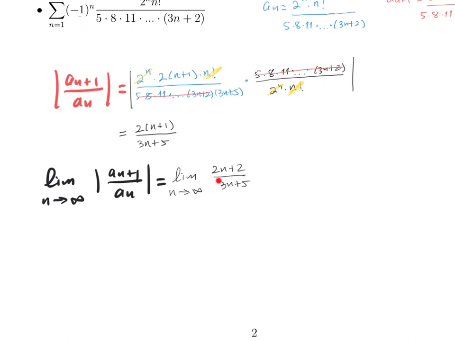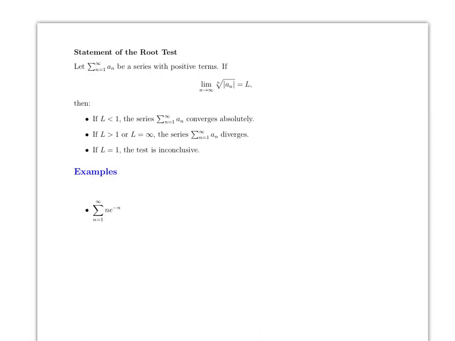The limit is just the ratio of the two, or you can also use L'Hopital's rule. So this is 2 over 3, which is less than 1. So therefore, this is absolutely convergent by the ratio test, which means it's also convergent. All right, so now let's look at the root test.